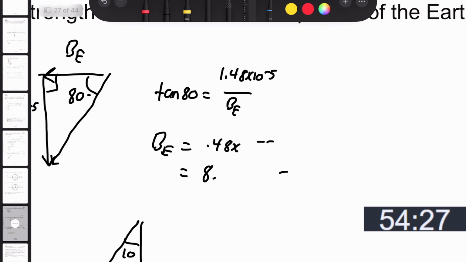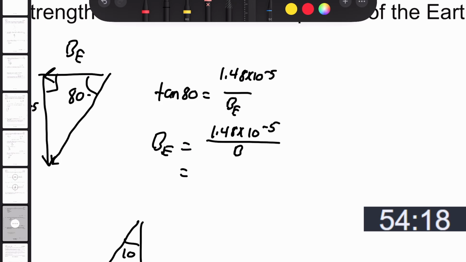So it's actually not this. It is 1.48 times 10 to the negative 5 over tan 80.